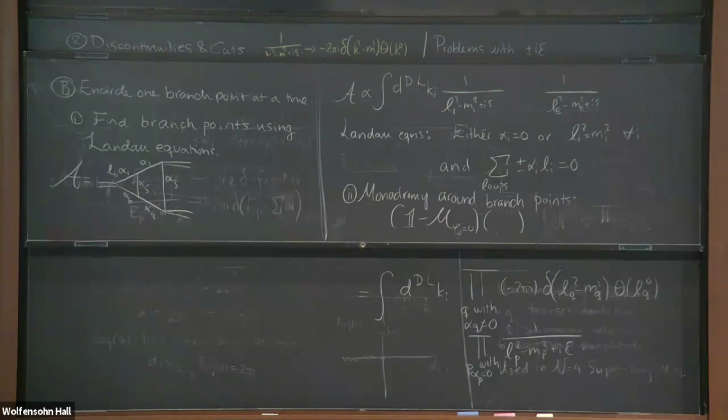So I'm just going to sketch an argument for where this branch point is, not go through the proof. So what we do is that we Feynman parameterize and expand our amplitude around this branch point.